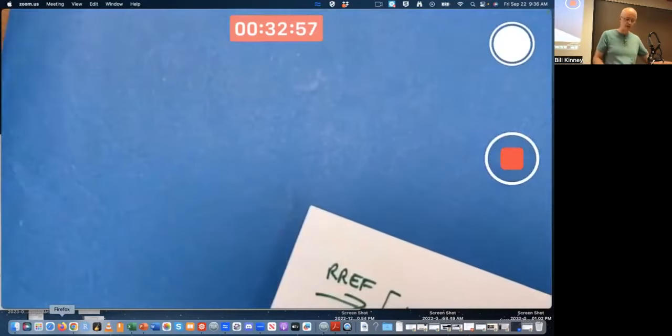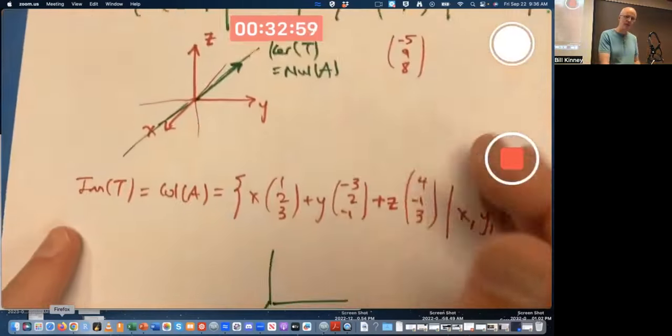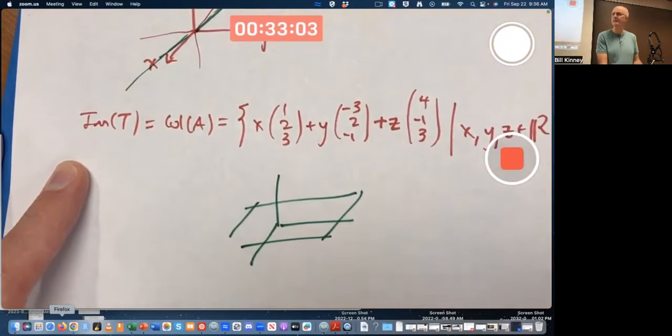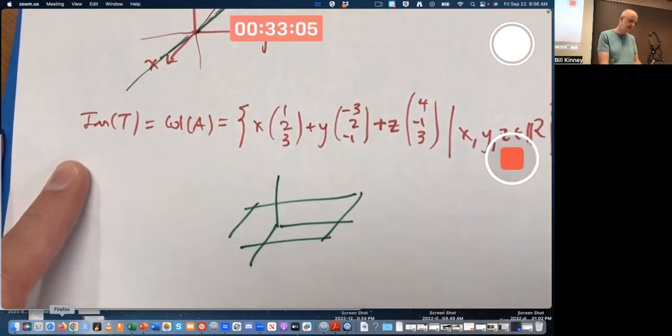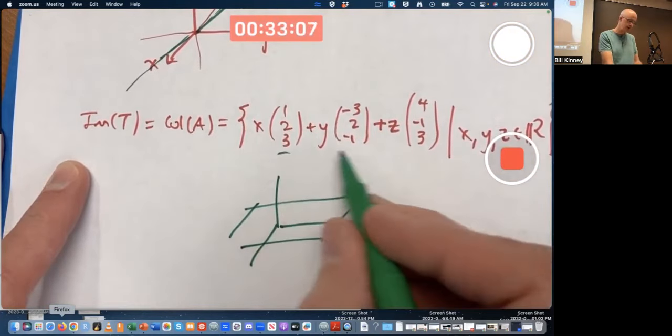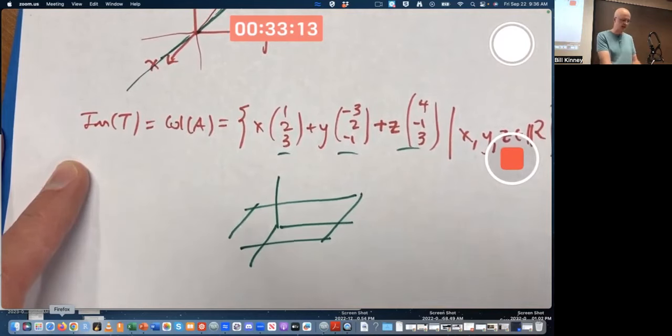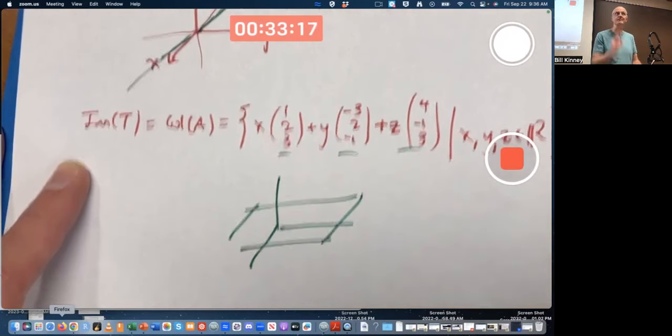But they're not all of R3. The outputs will be in some plane through the origin. I'm not going to take the time to figure out exactly how to draw the plane correctly. These 3 vectors are going to lie in the same plane when you put their tails at the origin. That's not obvious just looking at the vectors, but this algebra confirms it.